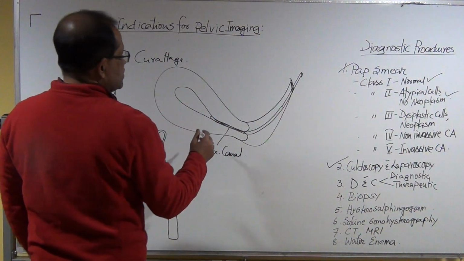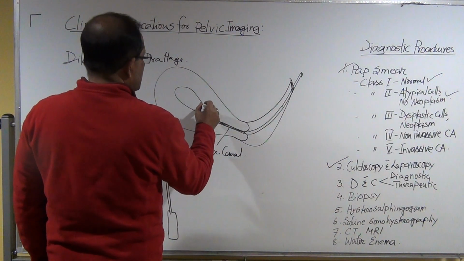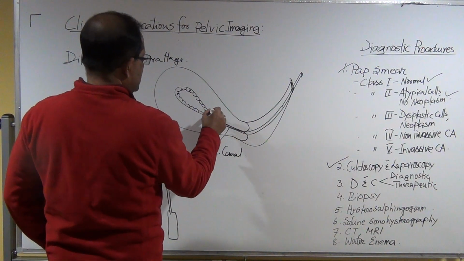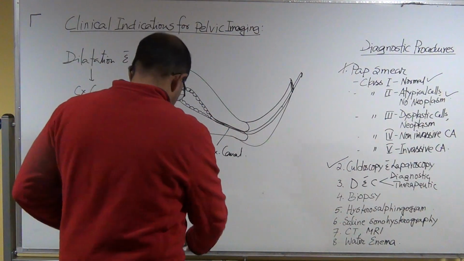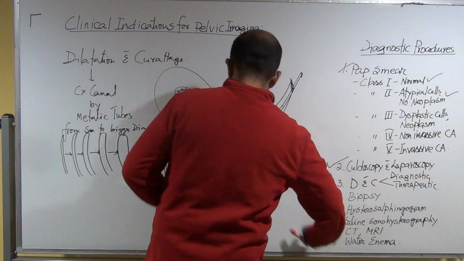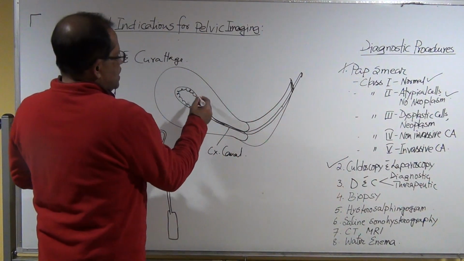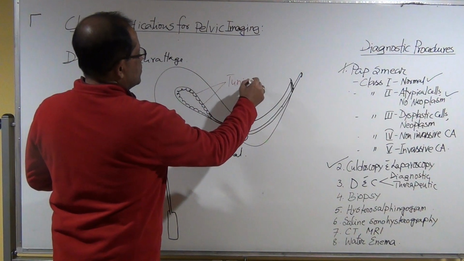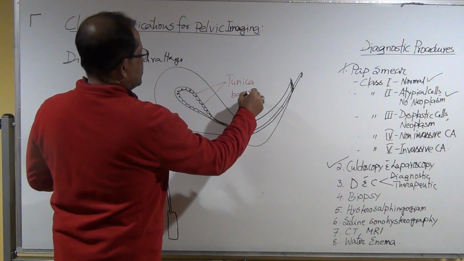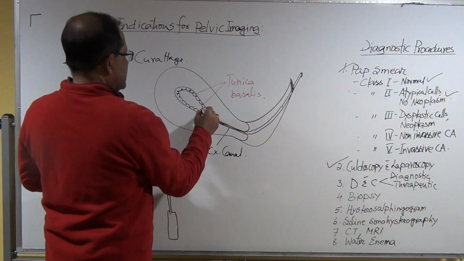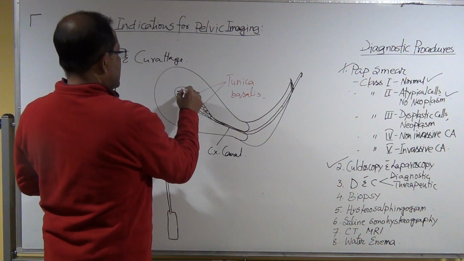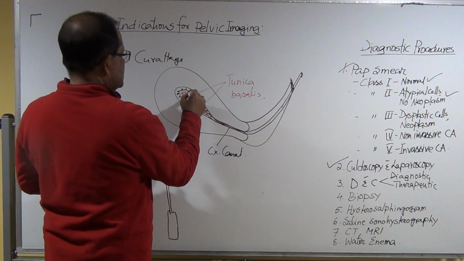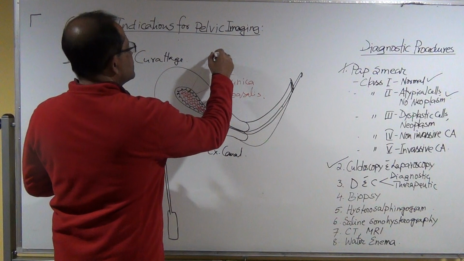Then curettage will occur because of the endometrial tissue. The endometrial tissue, as you know, there's a tunica basalis, and this is the red one, is the layer known as tunica functionalis.